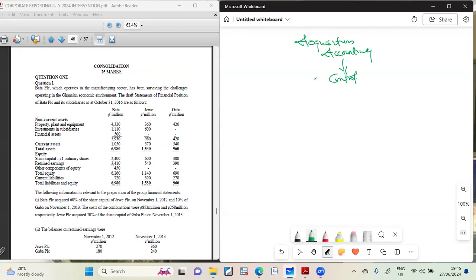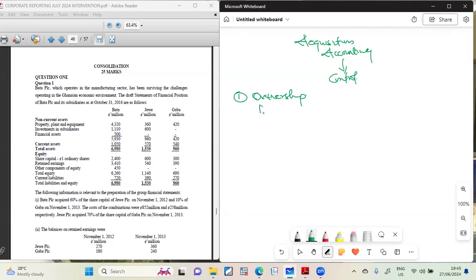And the acquisition accounting says that immediately you have control, there are 4 things you must do. Number 1 is to determine the ownership. And in determining the ownership, that's where you do your percentage and all those things.